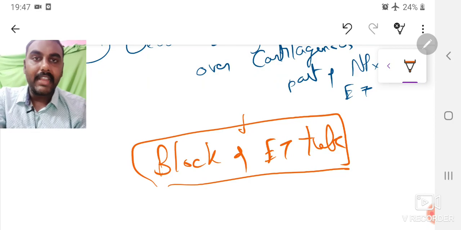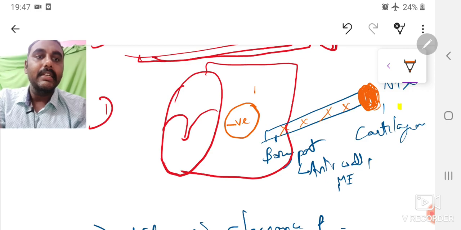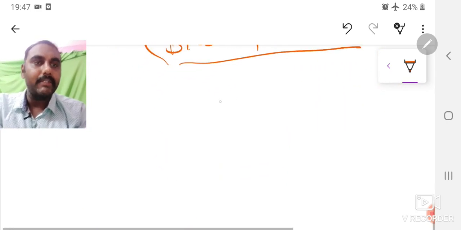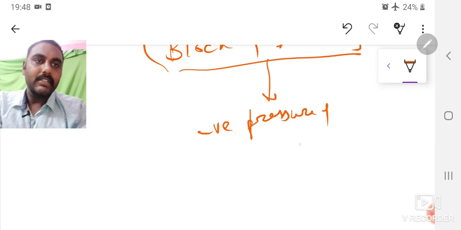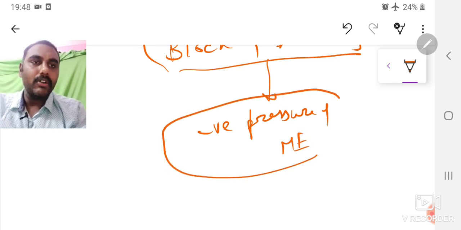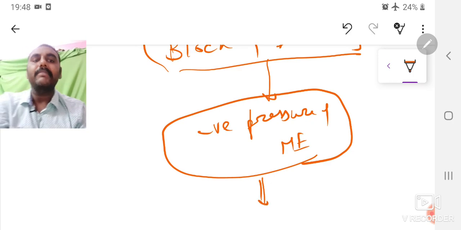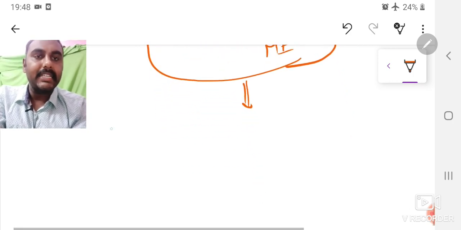Once the Eustachian tube, which maintains the middle ear pressure, is blocked, negative pressure is generated in the middle ear. So this we all know, there will be negative pressure in the middle ear. So what happens if there is negative pressure in the middle ear? What happens now in the first stage? The symptoms.